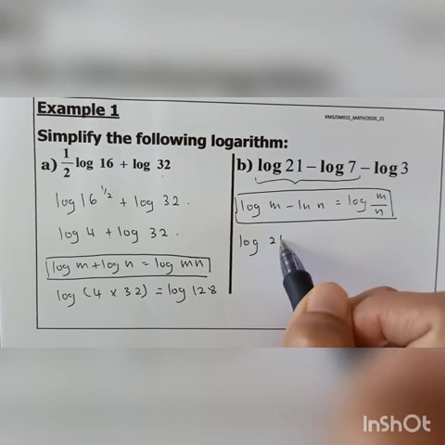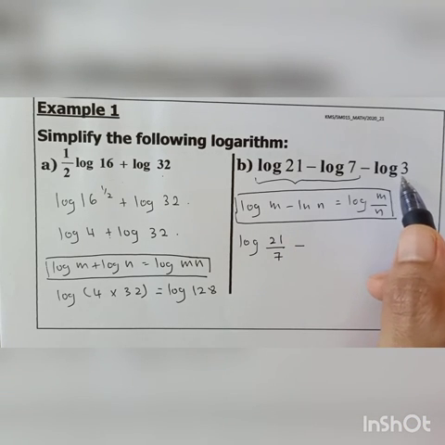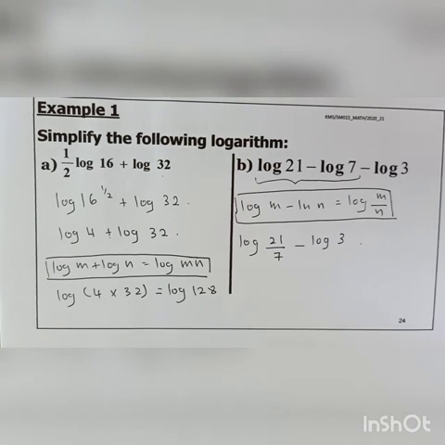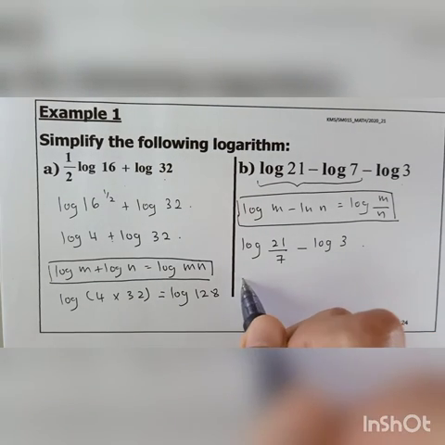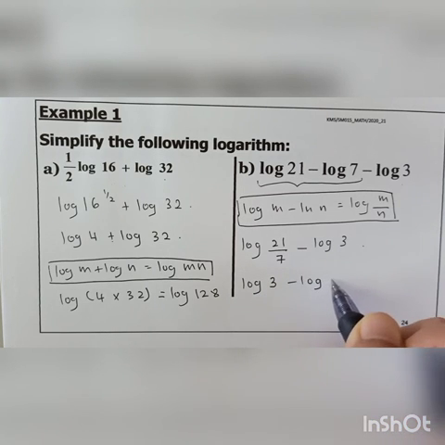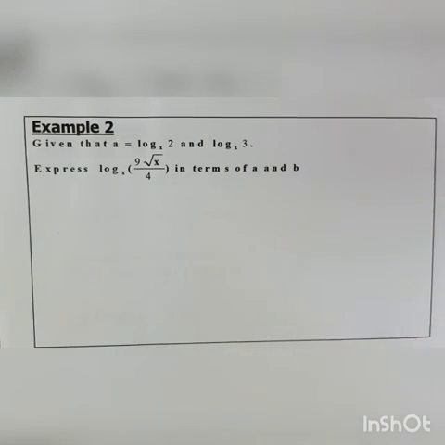So log 21 over 7. Then we continue with the third term, minus log 3. 21 over 7 equals 3. So log 3 minus log 3 equals 0.